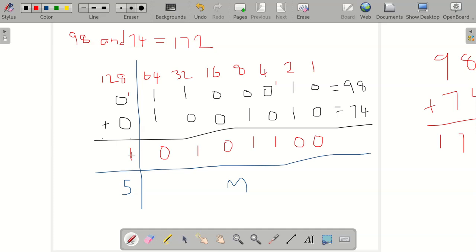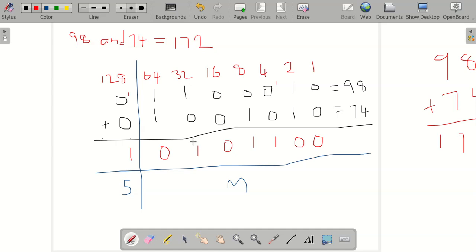Okay, but before we even proceed, if we are confused, let's first try to confirm if this number is truly 172. This is how we do it. For us to get 172, let's just consider where there are ones. Here we have a 1, so we have 128. Take note, we have 128. Here we have a 1, we have 32. Here we have a 1, we have 8. Here we have a 1, we have 4. So 128 plus 32 is supposed to be 160.